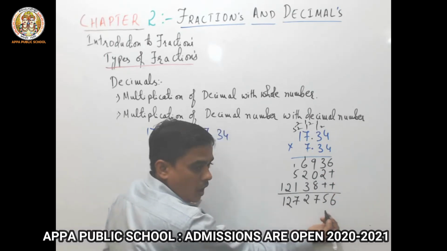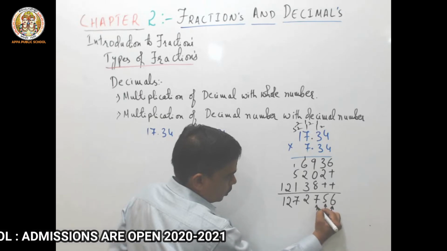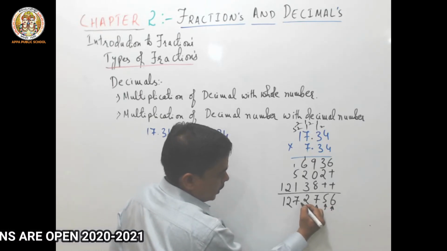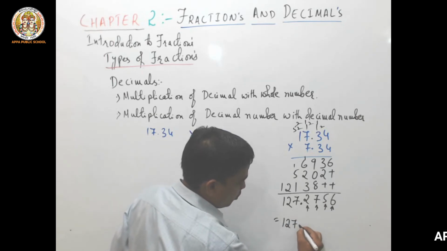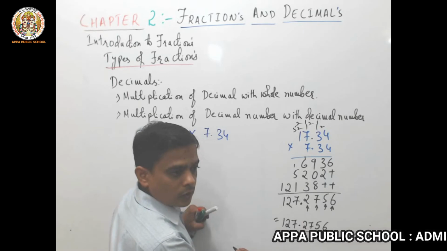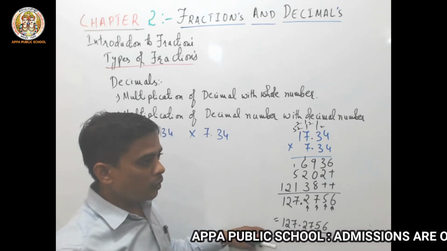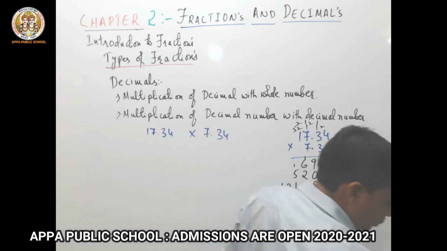Four numbers. Start counting from the right: 1, 2, 3, 4. Place a decimal point here. Therefore, the answer is 127.2756. Okay? 127.2756. So next one.